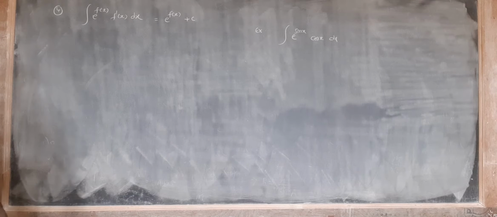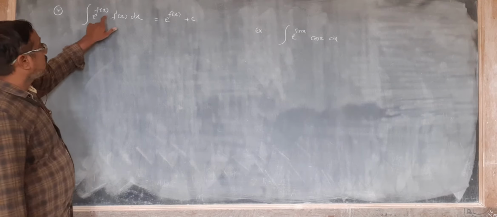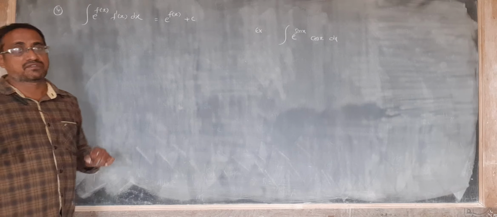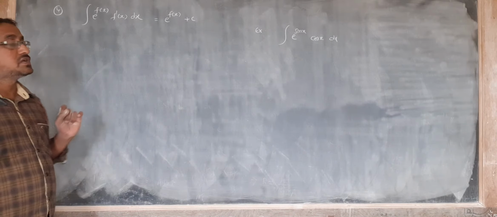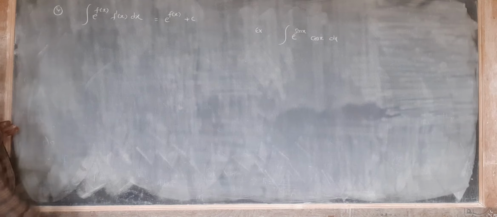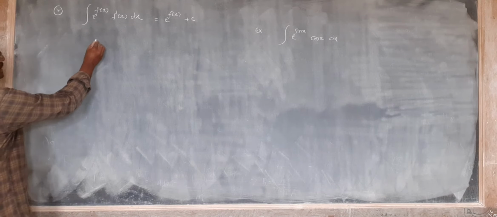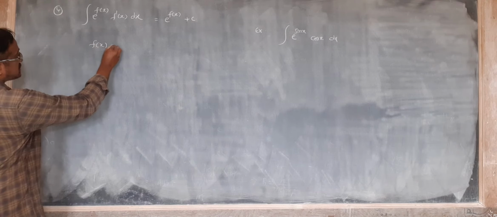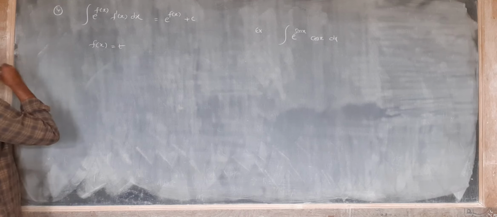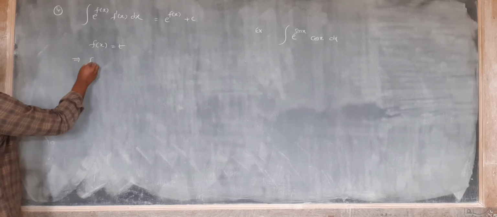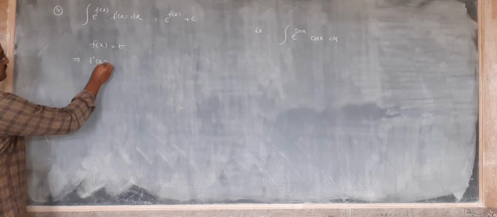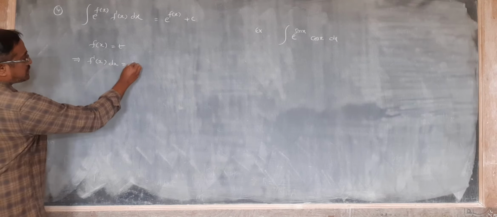See this next formula, integral e power f of x into f dash of x dx is equal to e power f of x plus c. Here also you have to consider f of x is equal to t. Its derivative is f dash of x dx is equal to dt.